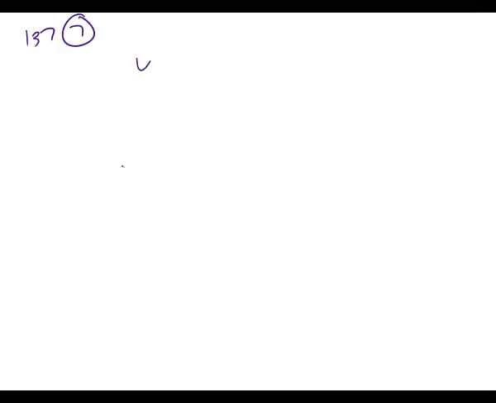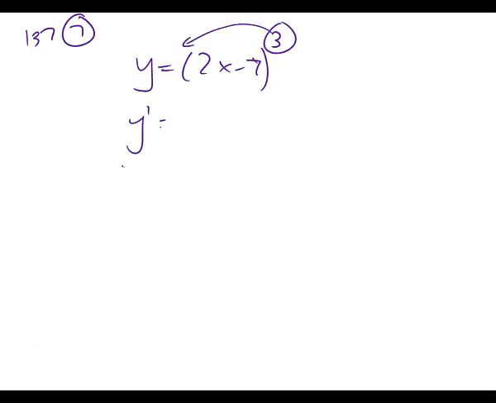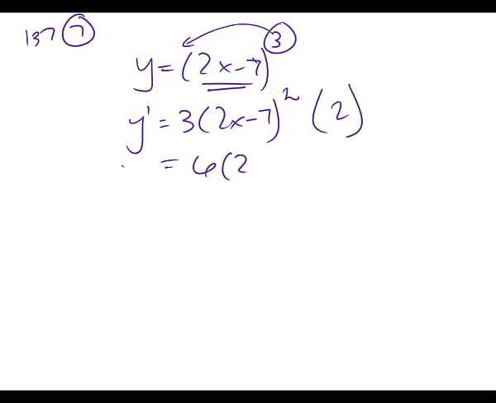Okay. So you're going to want this one on the test, because it's a pretty simple chain rule. So I'm going to take this and bring it to the front: 2x minus 7 squared, and then the derivative of the inside is just 2. So you'd have 6 times 2x minus 7 squared.